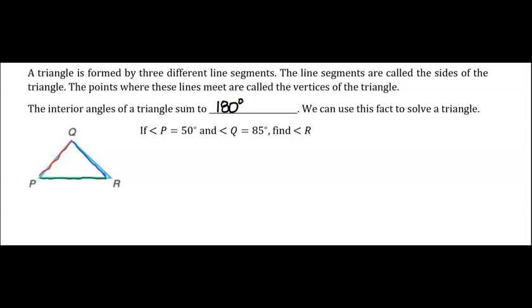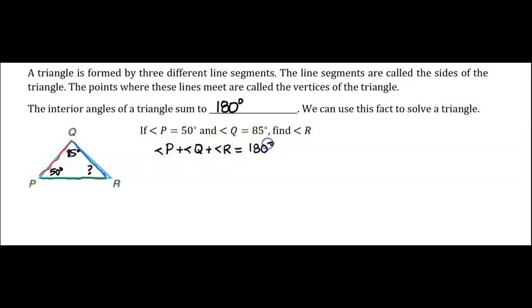You demonstrated that in the last example that you answered in this presentation. So we can use the fact that these angles all add up to 180 degrees to solve a triangle. So let's say that in this image angle P is 50 degrees and angle Q is 85 degrees, and we want to find angle R. Well, we know that the sum of all 3 of these angles should be 180 degrees.